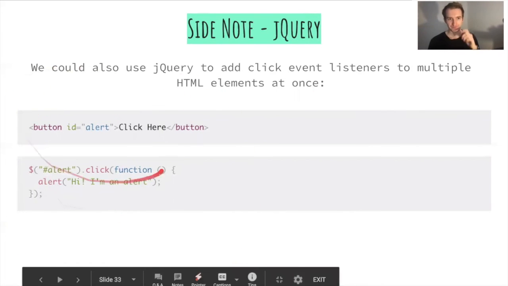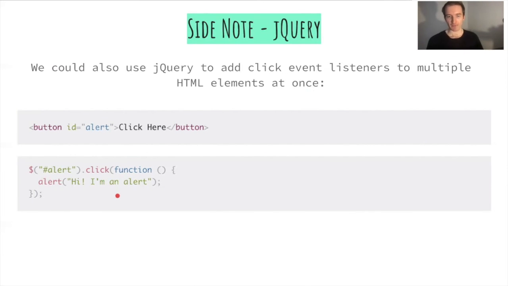Also with event handling, jQuery is quite nice. If we want to register an event on several different DOM nodes, so if we use query selector all on tag name, for example, we want all paragraph tags on the page. We want to console log something when one of these paragraph tags gets clicked.